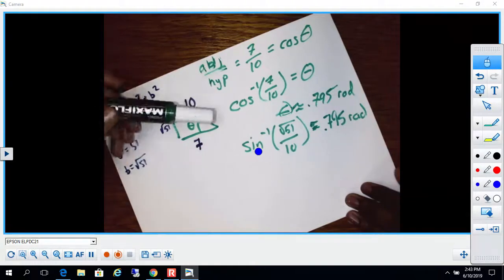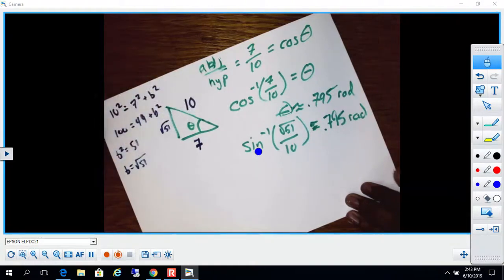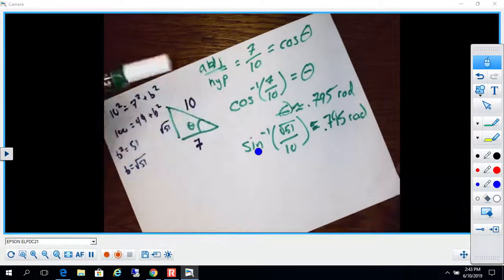Here I did the inverse cos of 7 over 10 to find the angle. Here I did the inverse sine of the square root of 51 over 10. And we got the same angle, right? Same value.